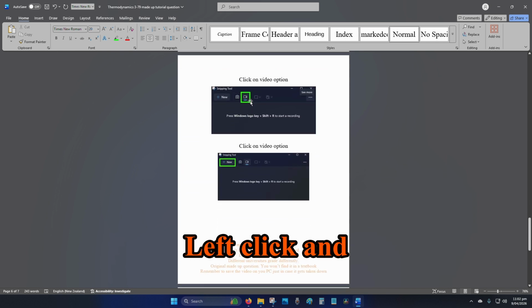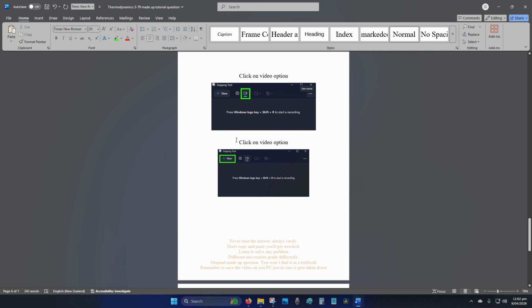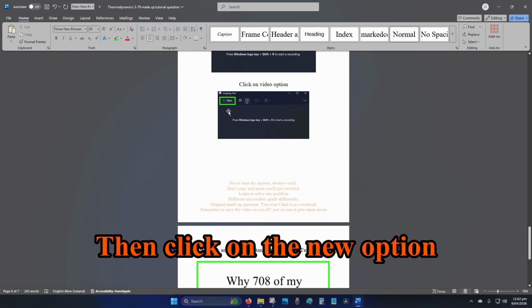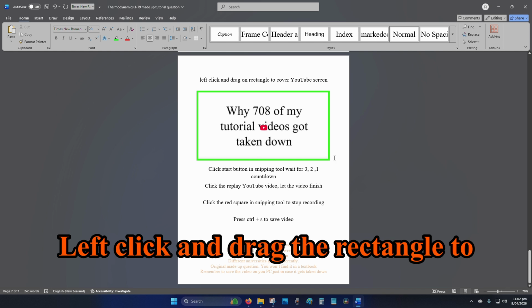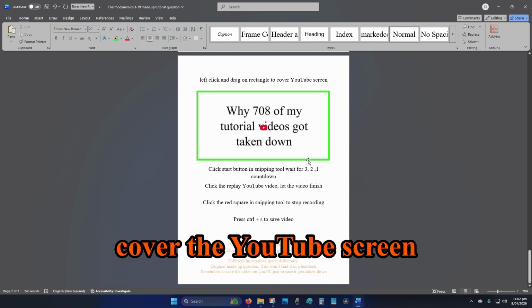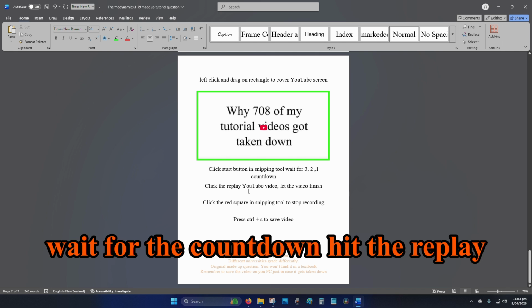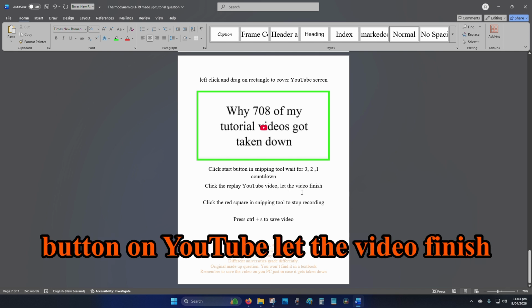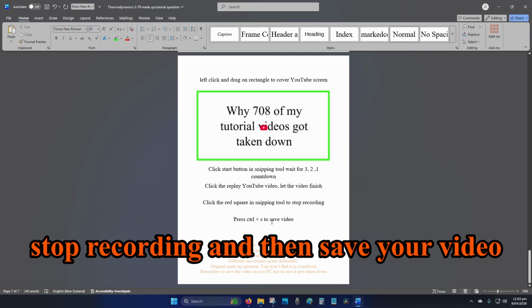Click on the video option, then click on the new option. Left click and drag the rectangle to cover the YouTube screen. Hit the start button, wait for the countdown, hit the replay button on YouTube, and let the video finish. Hit the red square in Snipping Tool to stop recording and then save your video.